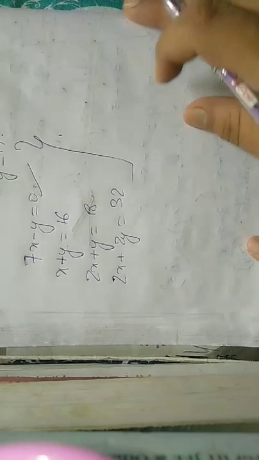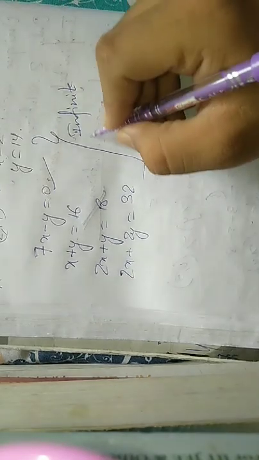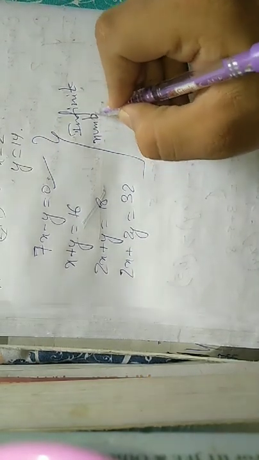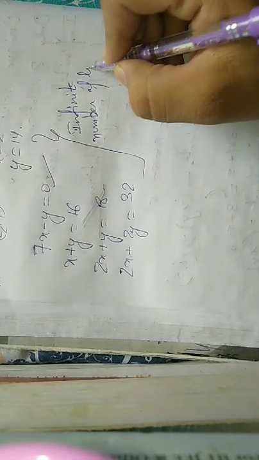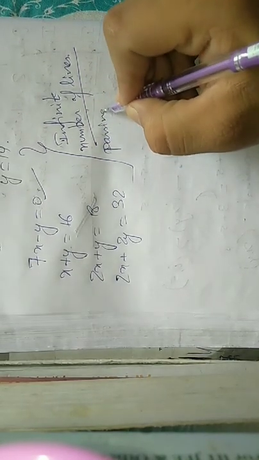So there are infinite number of lines passing through the point 2 comma 14. Okay, students, got it? Understood? Okay.